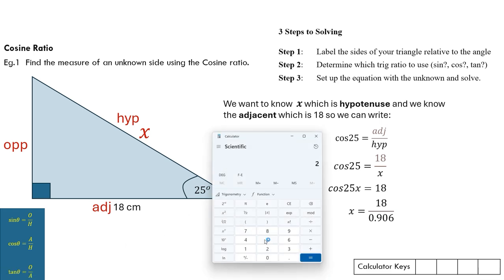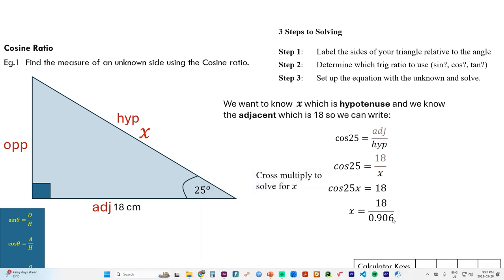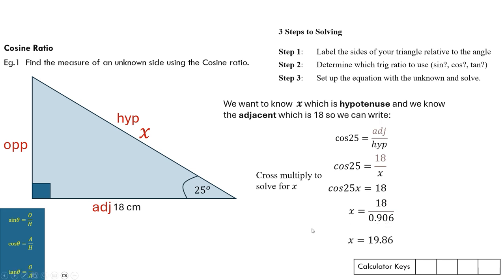So type in 25, go to trigonometry, and choose cosine, and I get this value, 0.9063, which is where this came from. So now I have an equation, x equals 18 divided by 0.906, and that ends up being a value of 19.86. So we can round that off. Side x is 19.9 centimeters in length.